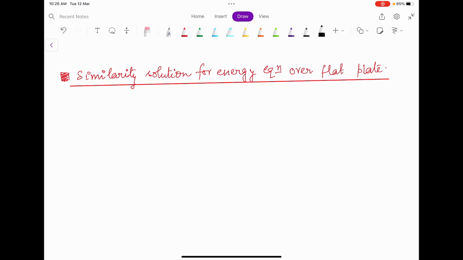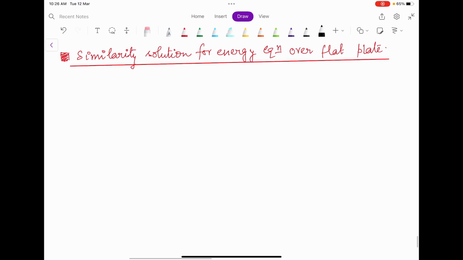So now let us proceed. Let me first write the energy equation again. It is u del T del x plus v del T del y is equal to alpha del 2 T del y2, right? So you see that we need u and v both. The similarity solutions for u and v were like this.